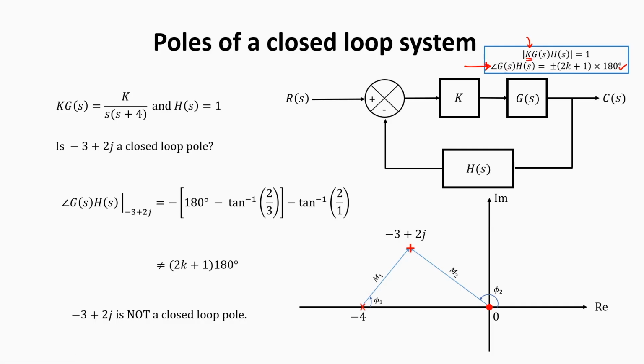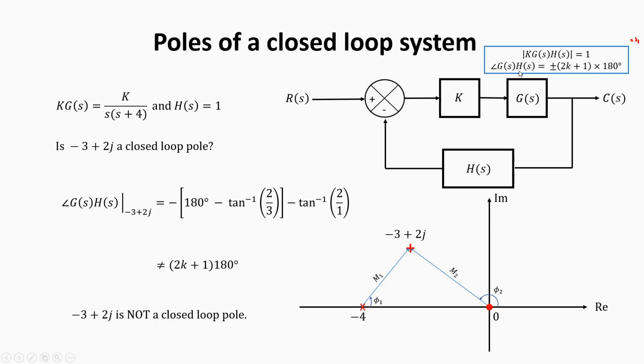Suppose I find an s which satisfies the angle criteria. Then I just plug in the value of s, and I can find k by 1 by the modulus of GH at that point, right? So the first thing that we should check is the angle criteria. Many students I have seen over the years make the mistake of checking the magnitude criteria first.